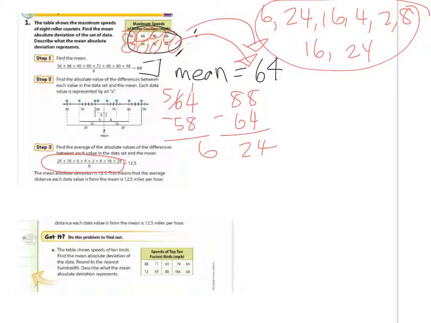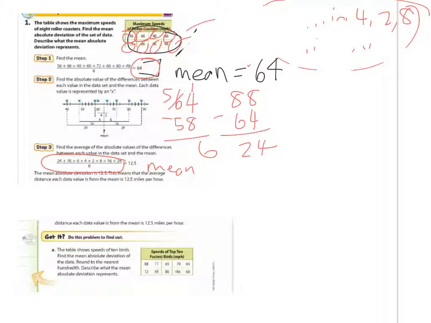Now what do you do with these numbers? Well, I'm going to now find the mean of those numbers. So here, now you find the mean again of each of these numbers. Notice how you have the real mean right there at the top, 64, and how when you took all of these numbers and subtracted them, you ended up with a new mean. This is called MAD. And this is literally the average distance of each one of these.